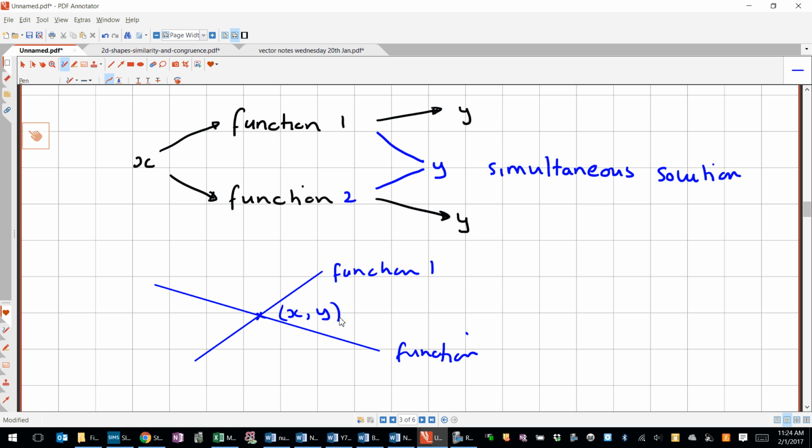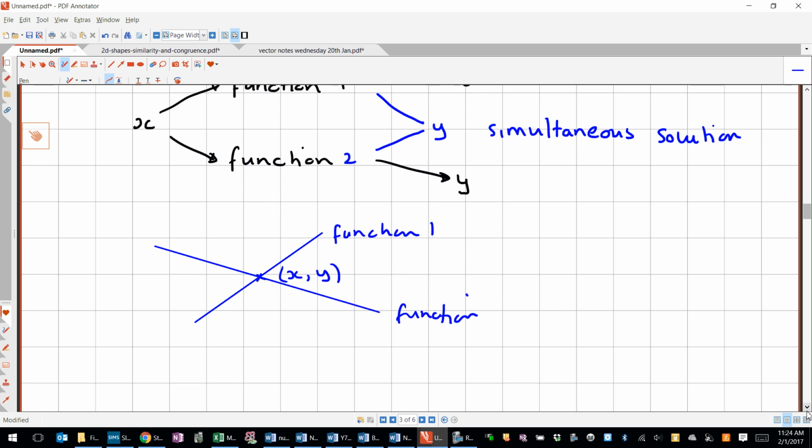We've looked at that. So you can use your calculator to find that value if you want to, which you do. However, there are algebraic methods.